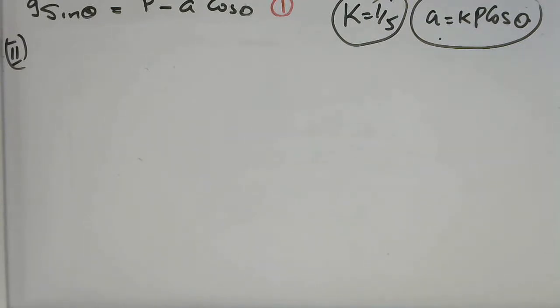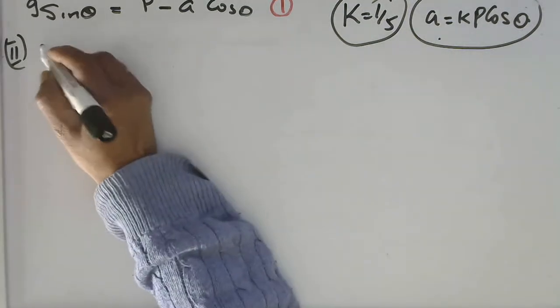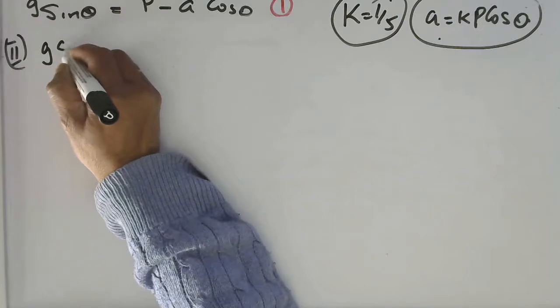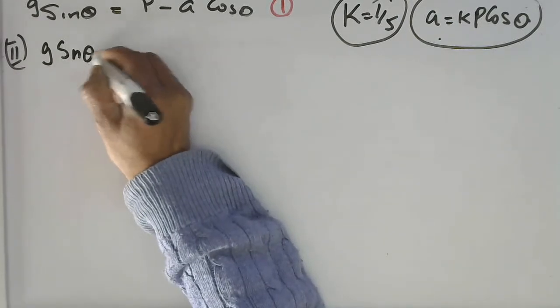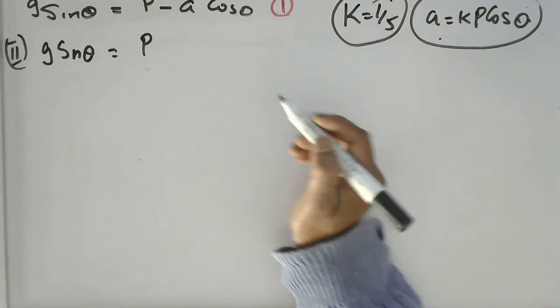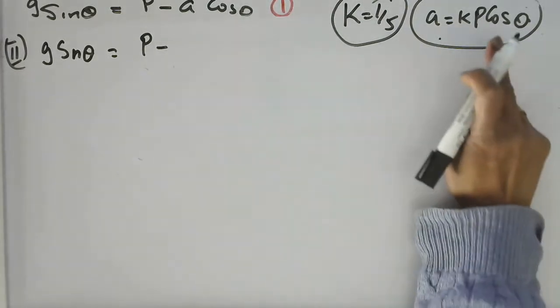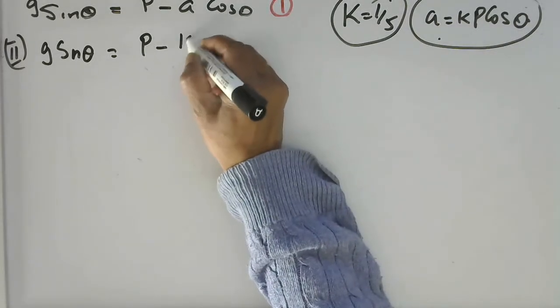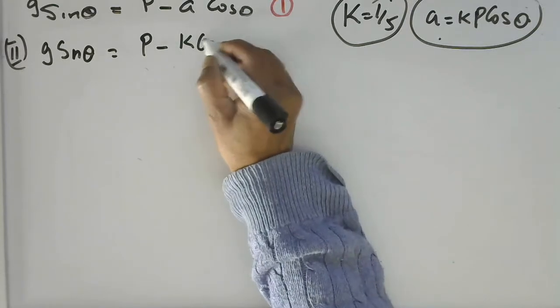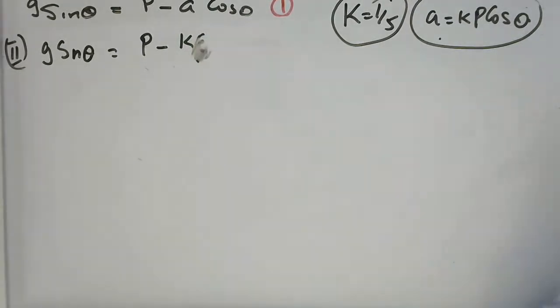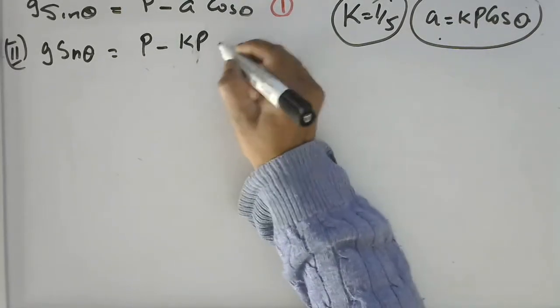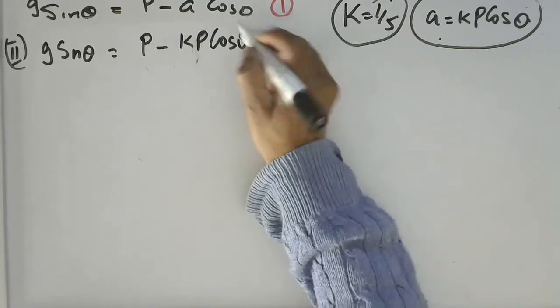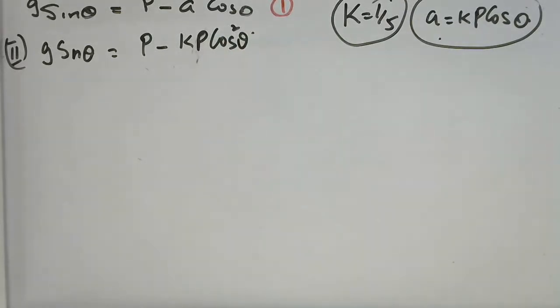So that's the first part of the answer. Second part of the question. For that, I'm going to use equation number 1. g sine theta equal to p minus a, and I know a is kp cos theta, so p cos theta and another cos theta, that's cos square theta.